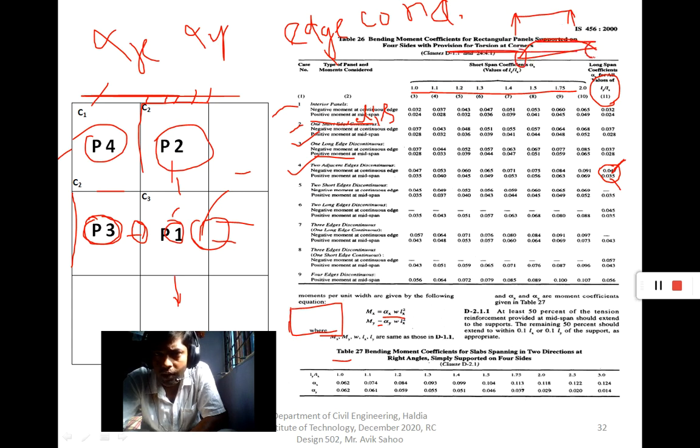So that's why there is no negative moment; only the span moment is given. The negative moment is not mentioned here as it is simply supported, because at the support the moment is 0.